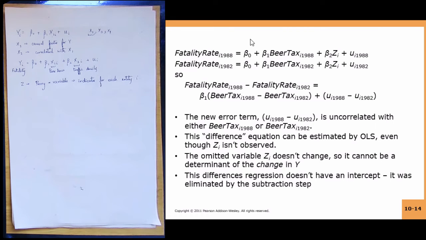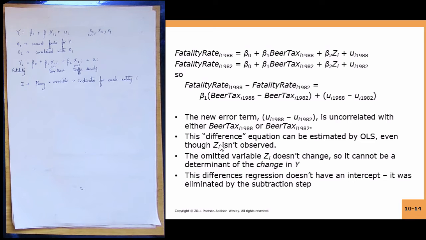Notice that the beta zeros have cancelled out and the beta 2 ZIs have cancelled out, and the error term UI 1988 minus UI 1982 is left over here. Now UI 1988 conditional mean given these two is 0. The conditional mean of UI 1982 given these two is 0. So this minus this will also have conditional mean 0, since any arithmetic operation on that will also lead to the conditional mean being 0.